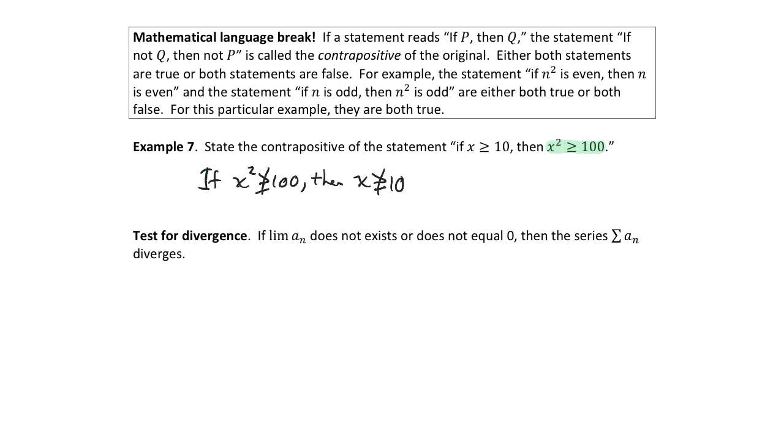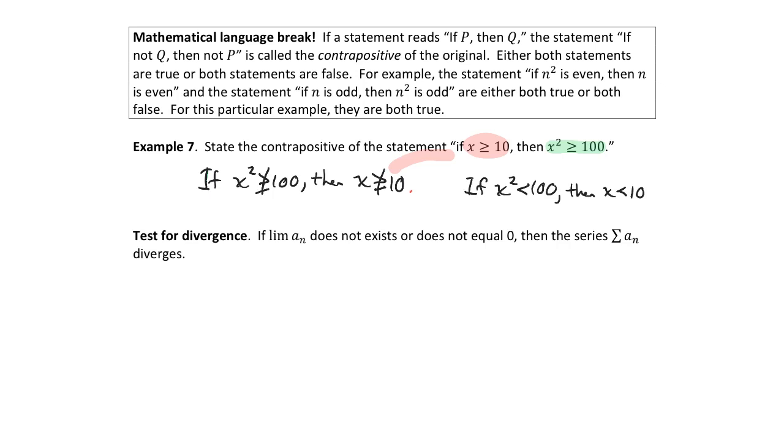What did we do there? We took the first phrase and negated it at the back end here. Okay. Now, we might be able to tidy that up. If you're mathematically inclined, you might say, well, that's the same as saying if x squared is less than 100, then x is less than 10.